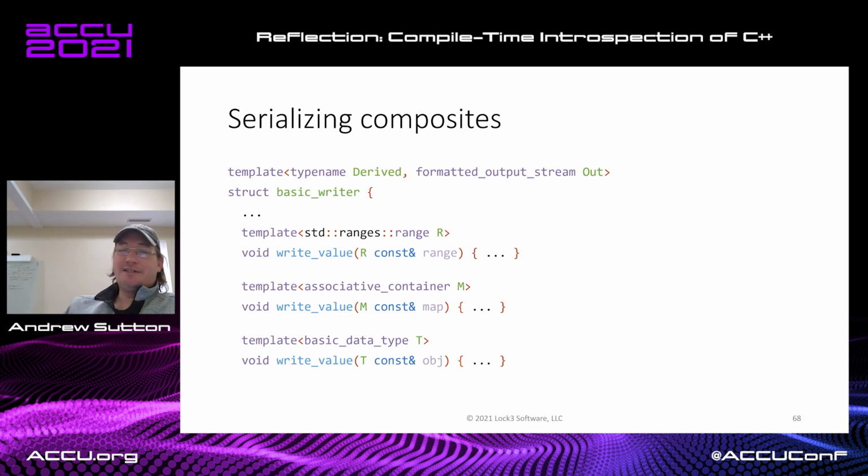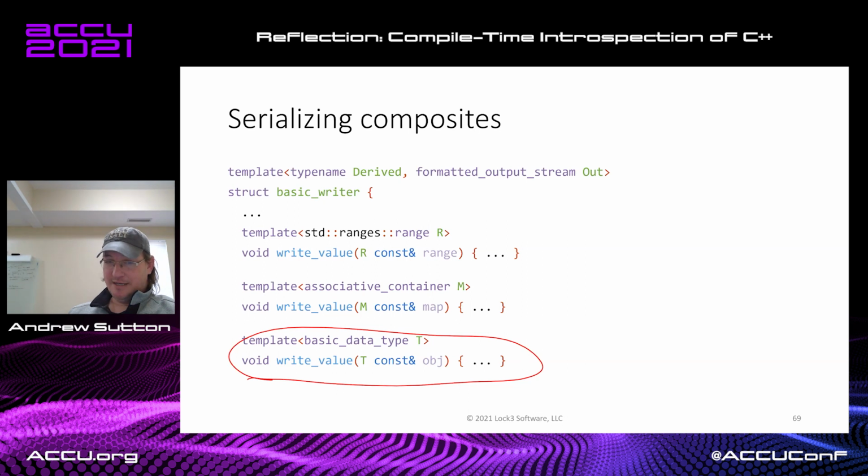And then if we wanted to continue this pattern, we'd have an overload for ranges, because we can serialize a range pretty easily. We might have an overload for associative containers. We might have an overload for basic data types, and I'm going to talk very specifically about basic data types in a bit.